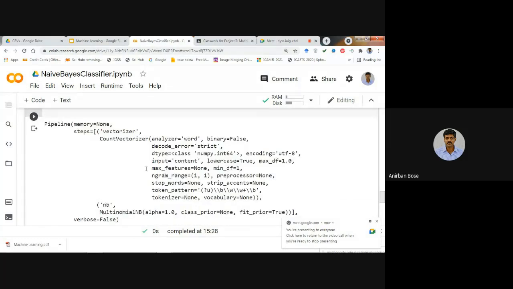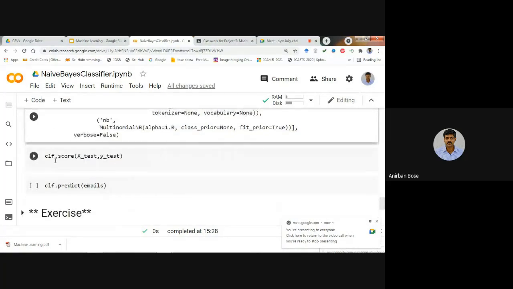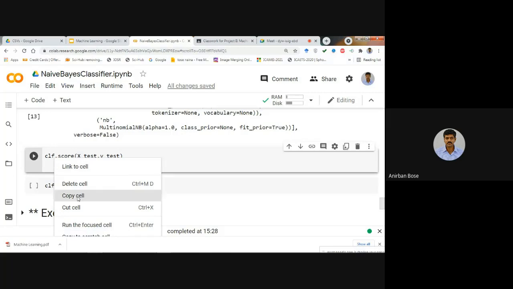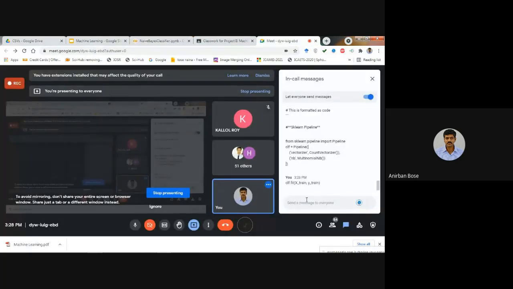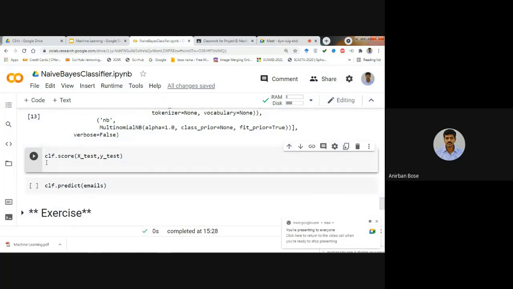So these are the steps that have been done, and the default values taken have also been mentioned here. Finally, you find out the score using CLF dot score. Again, when you are passing this X test, you need not convert it into the matrix, because within that CLF the pipeline is already defined. That is the advantage of using pipeline.